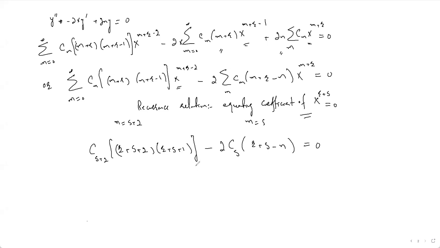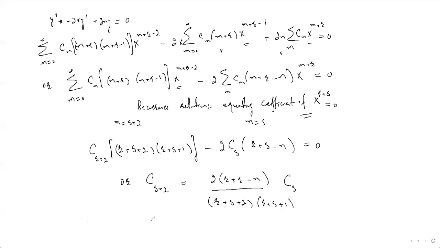Now I will just rearrange the terms. I will write down this c s plus 2 here. c s plus 2 will be equal to twice r plus s minus n divided by r plus s plus 2 into r plus s plus 1, c s.